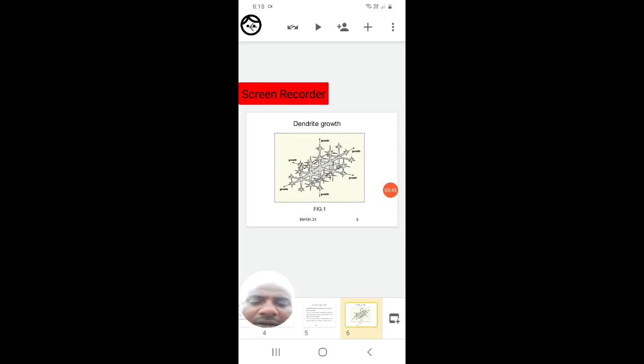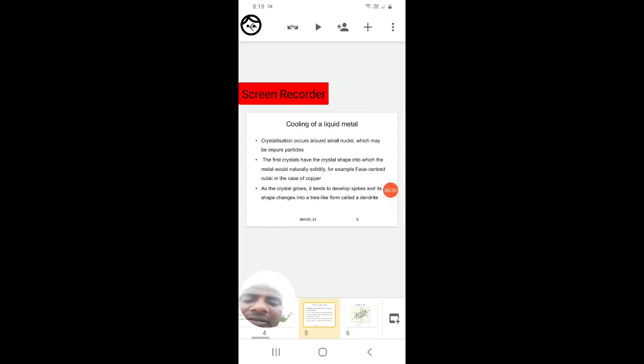First nuclei form, then they grow. First the formation of nuclei, then crystallization. After the formation of nuclei, crystal growth starts, and these two factors go on together. Growth occurs along the primary axis, secondary axis and tertiary axis, in any direction, like a tree-like structure.